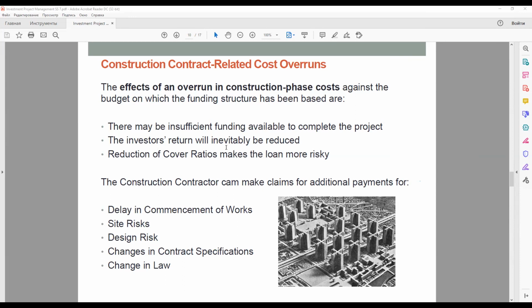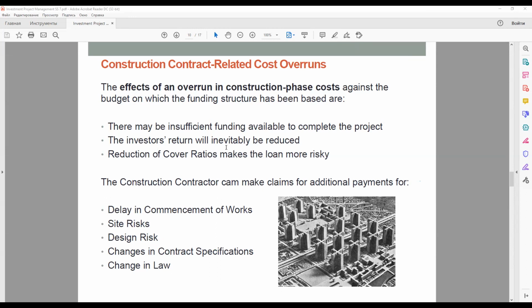There remains a high risk, however, for any project where the overall design and specification are not fully settled in advance in a construction contract, which is not likely to be acceptable to the lenders. And there also can be changes in a contract specification that lead to an increase in contract cost, and again, changes in law.